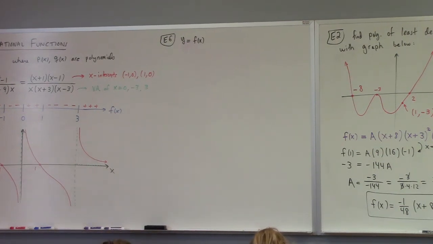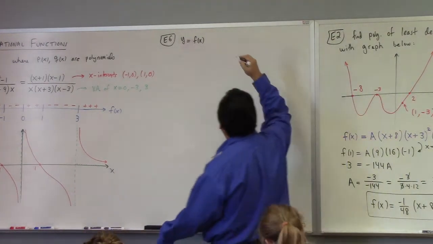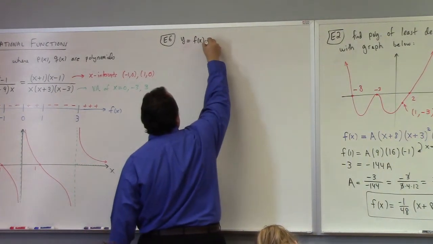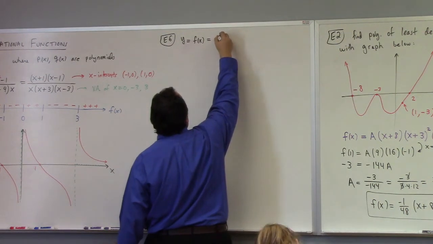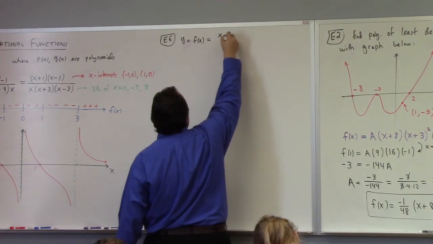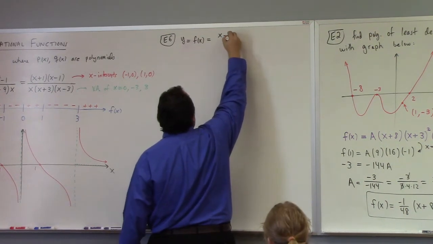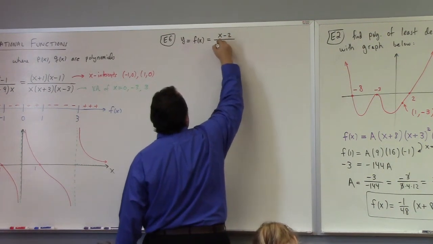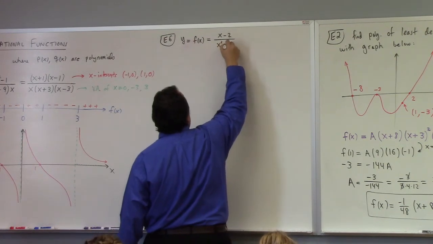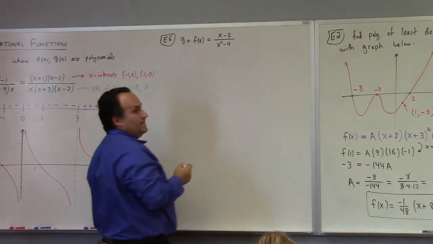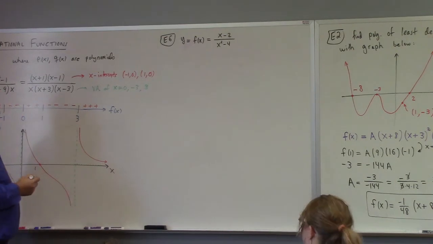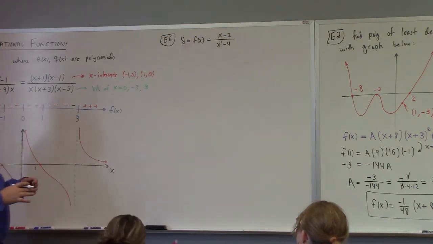So make this one a little bit different. So here, I'm going to do x minus 2 over x squared minus 4. Let's graph this thing. All right. So here, something a little bit interesting happens.